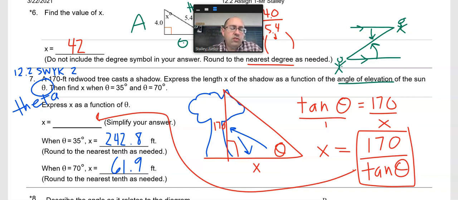Now, for the next question, when theta is 35, plug in a 35 for theta. And then you get 242.8 for the length of the shadow. And then 70 degrees, plug in 70 degrees, and you'll find out that the length of the shadow is much shorter, 61.9 feet. Always look to see what unit of measurement they're asking for, whether it's tenths or whole units.